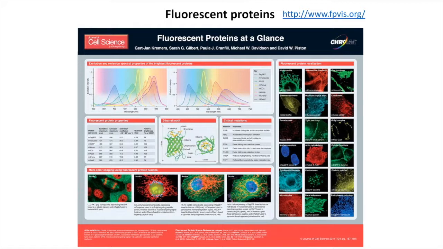This is just a simple poster to show that, from the fluorescent protein perspective, there's now a wide spectrum of proteins, starting from blue to near infrared. And you could select them and do multicolor imaging. The limitations of fluorescent proteins are, obviously, limited stability, limited brightness, as well as broad emission and excitation spectra.